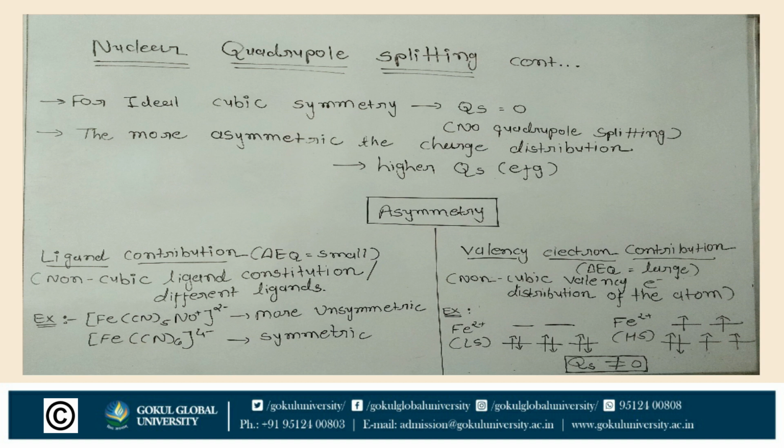And in the T2g level, now you can see the electrons are distributed unevenly. So we can say there is an unsymmetric electron contribution. So we can say that the quadrupole splitting is not equal to 0 here. So there we will observe the quadrupole splitting.